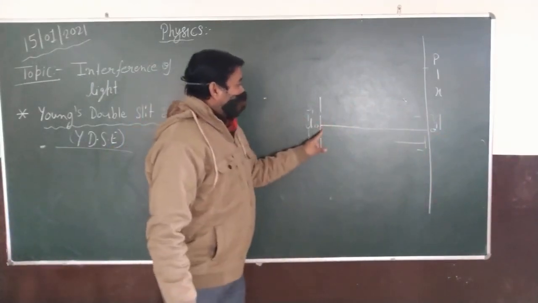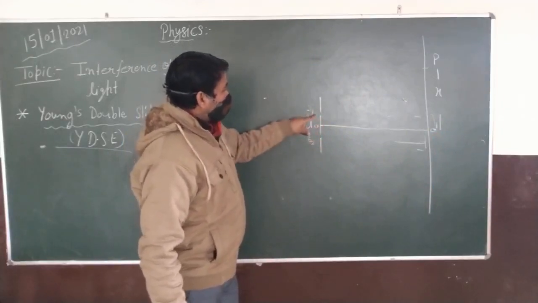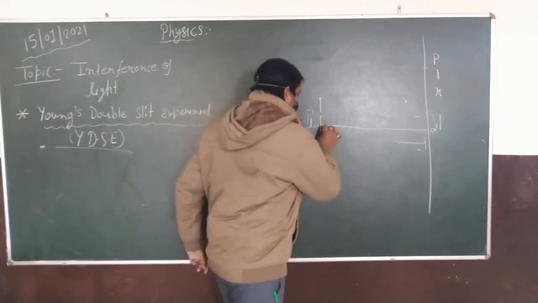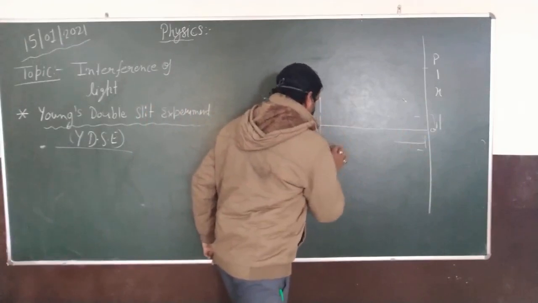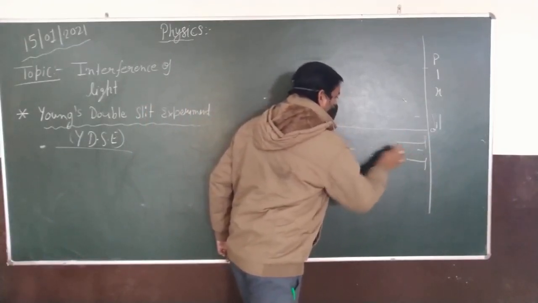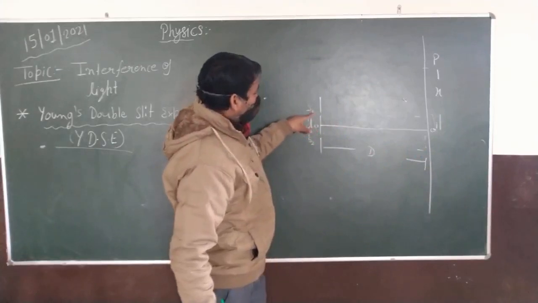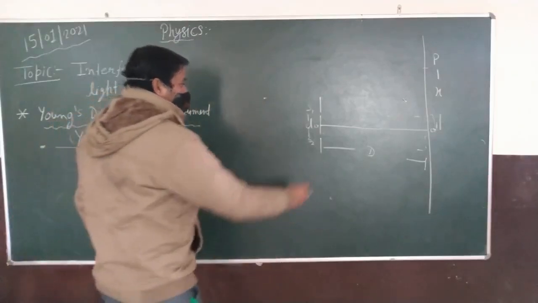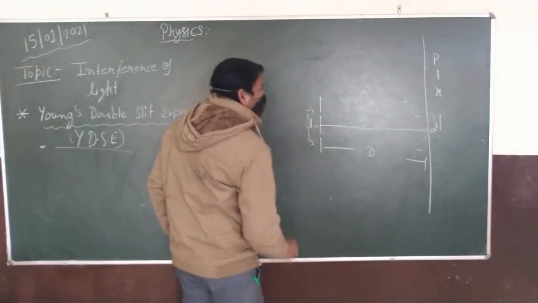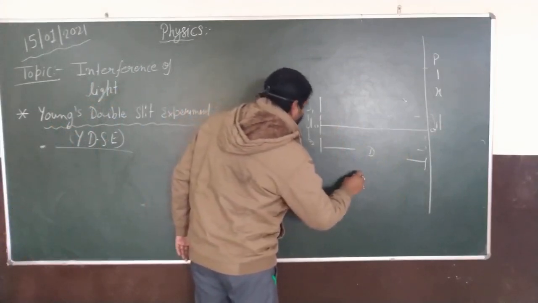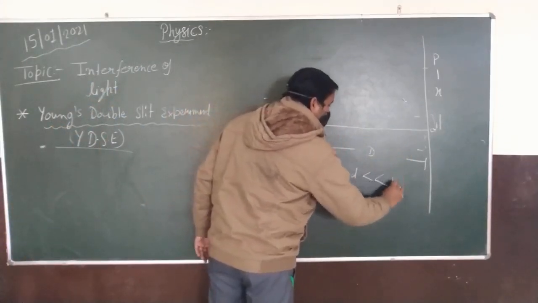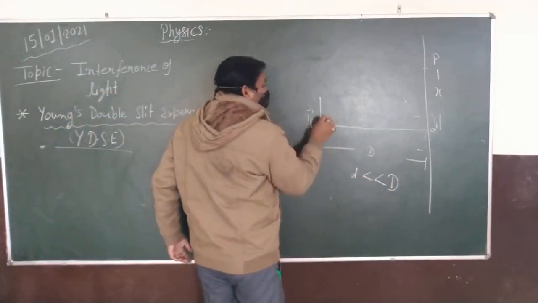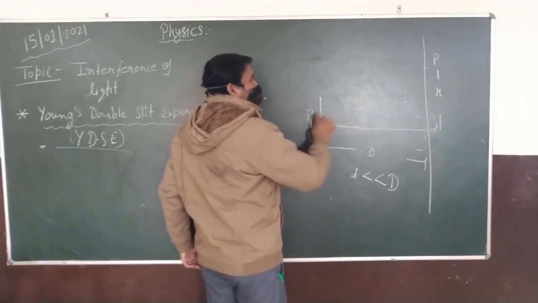Initially, the distance from O to O dash is capital D, and the distances of sources S1 and S2 to O dash are equal. Here, small d is very much smaller than capital D, which is the first condition.